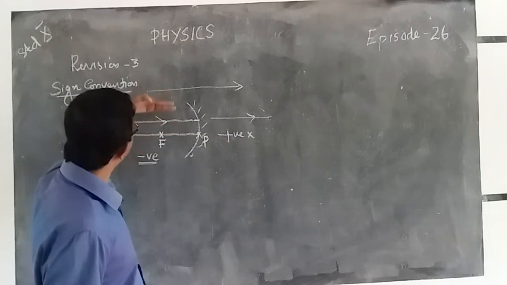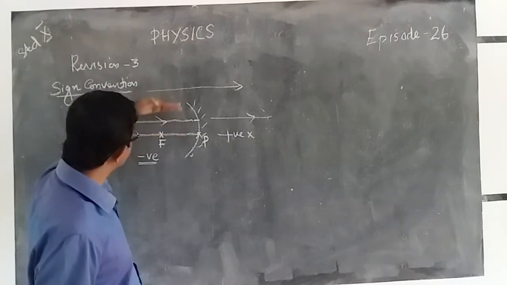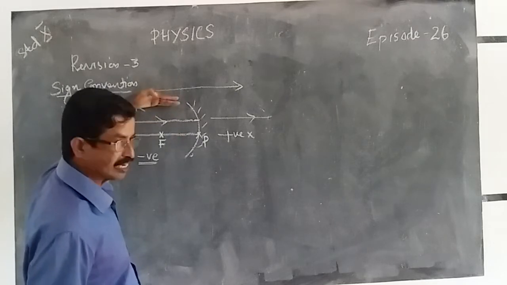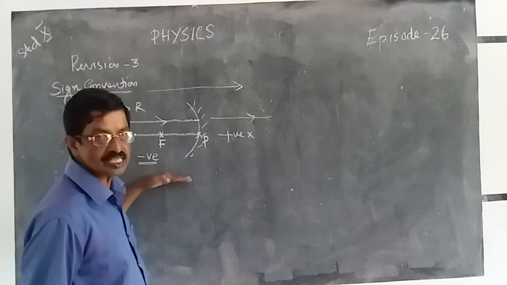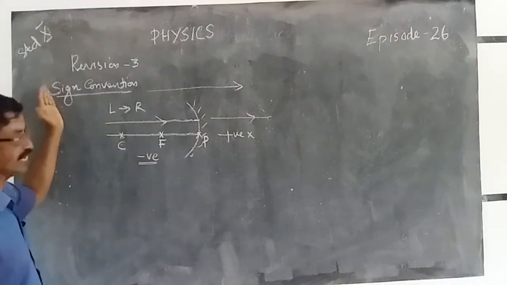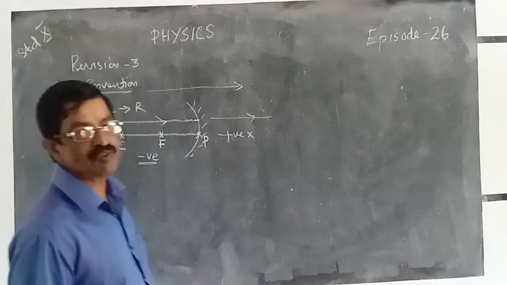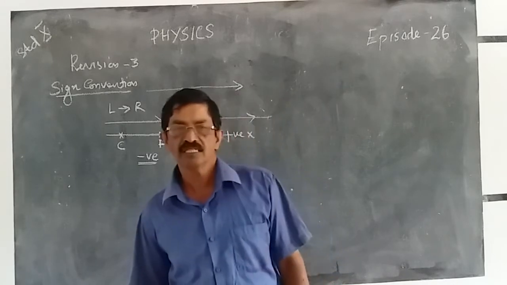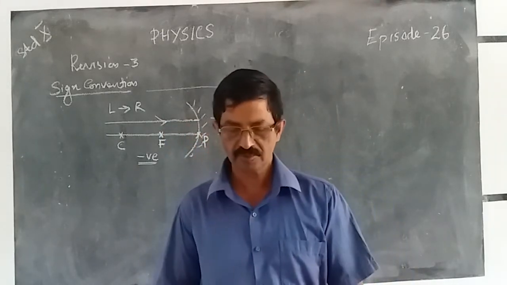And above the principal axis, if there is some height, that we take as positive, and below it is negative. This is the consideration in the new Cartesian sign convention, how we consider positive and negative distances.